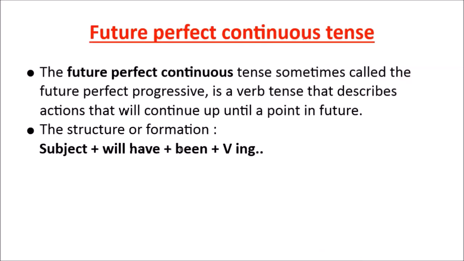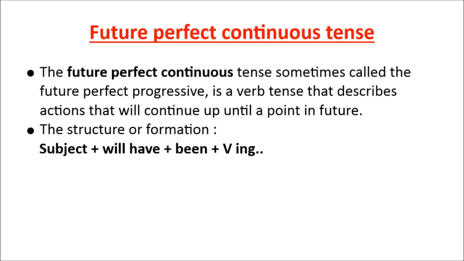Yes class, now this is the last type of tense, that is the 12th tense in English, that is future perfect continuous tense. And the thing about this tense is we mostly won't use this tense often. Okay, look at the definition given there. The future perfect continuous tense, sometimes called the future perfect progressive, is a verb tense that describes actions that will continue up until a point in the future.